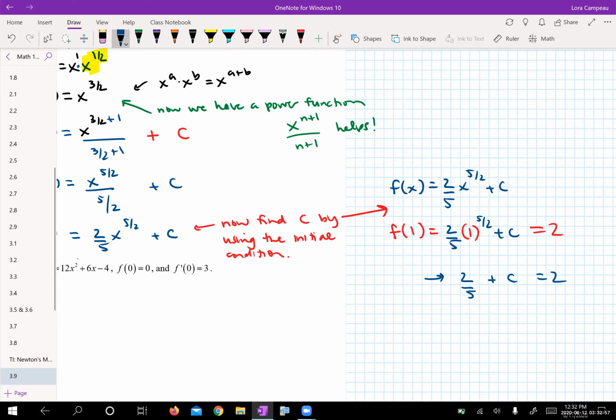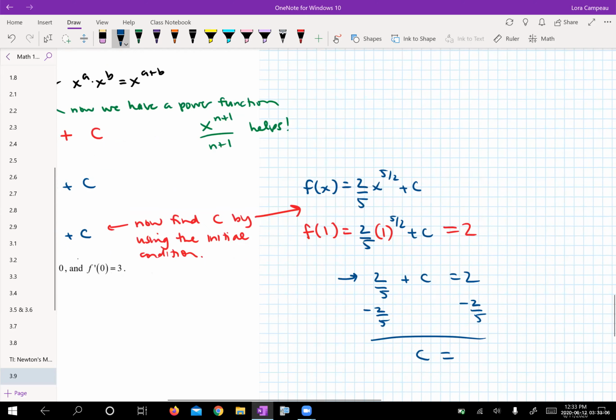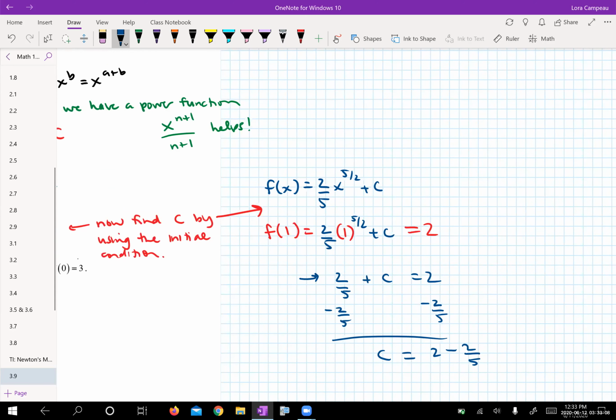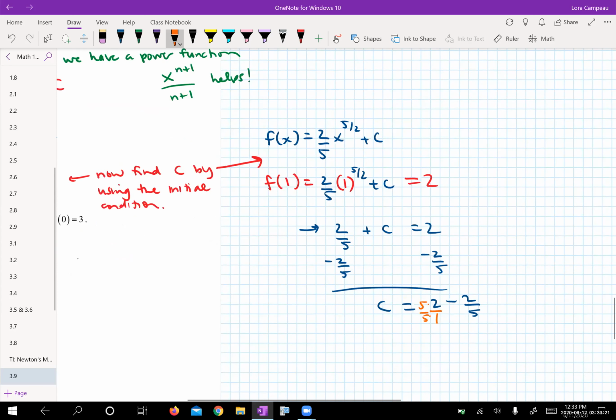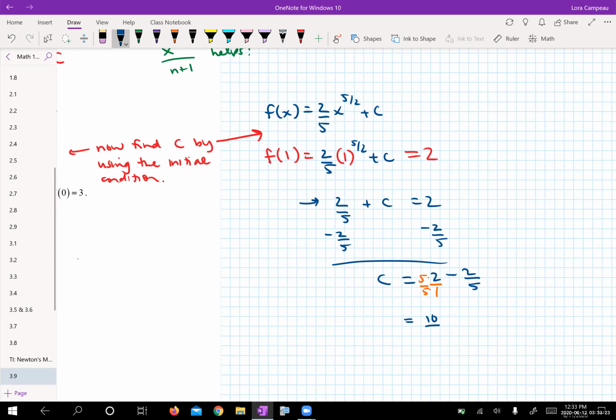Now what we want to do is just subtract 2/5 on both sides. So we should have c equals, if we were trying to combine over a common denominator, I know we can use our TI, but what do we have? We need an LCD, so I have to multiply 2 over 1 times 5 over 5. So what does that give me? 10 over 5 minus 2 over 5, which gives us 8/5.